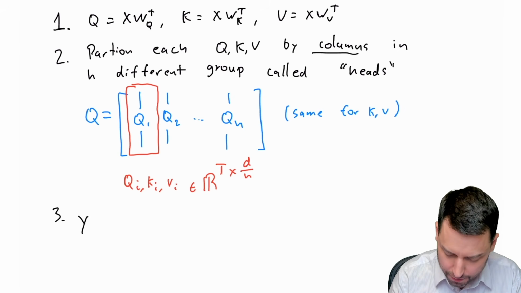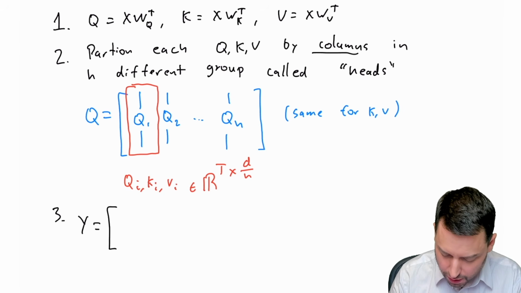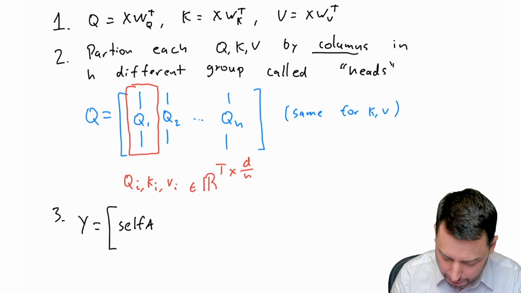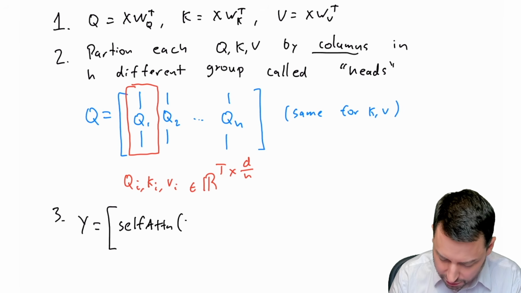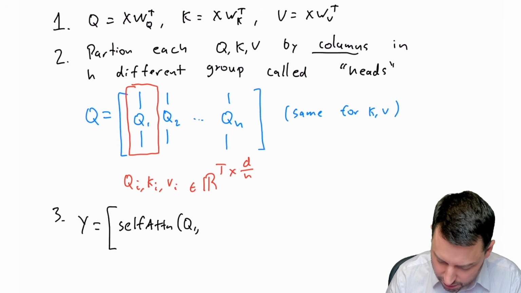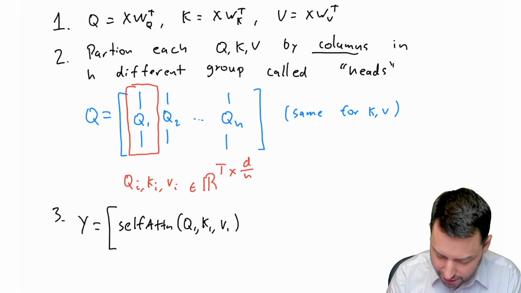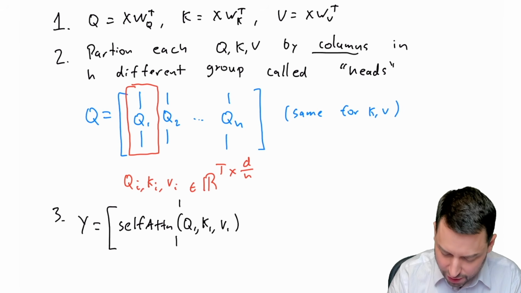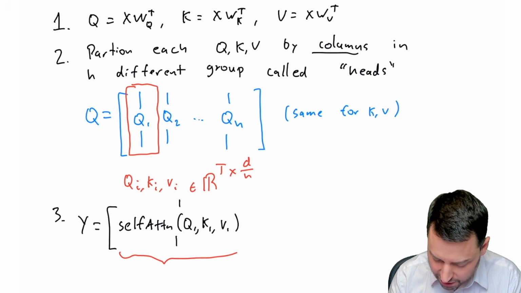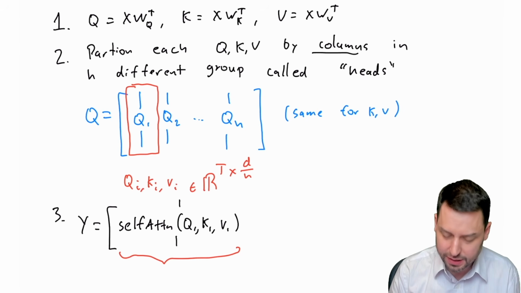So Y would be equal to, well, the first block would be self-attention applied to Q_1, K_1, and V_1. That block itself would be the same size, because when we apply self-attention, the output ends up being the same size.